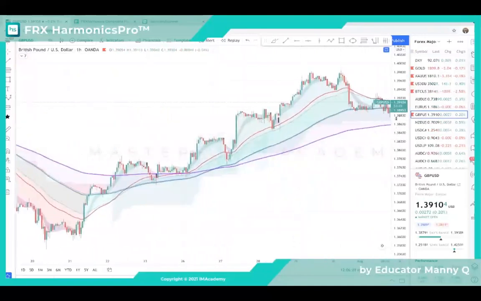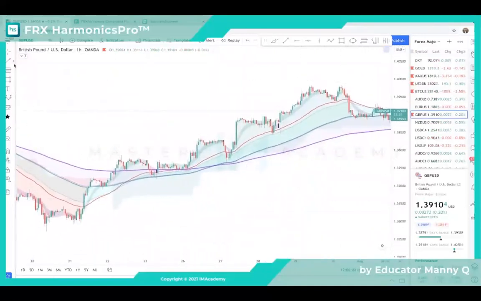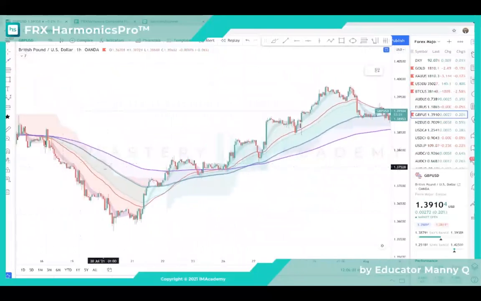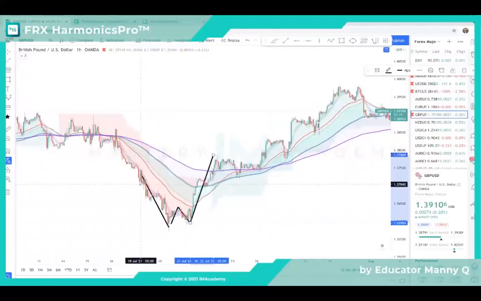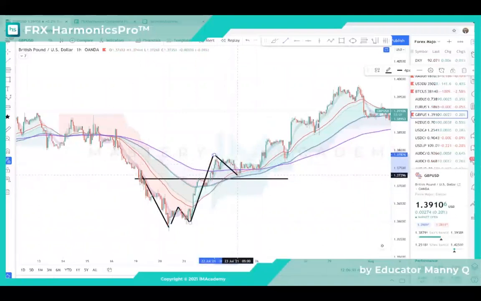So for me, my strategy will tell me, okay, when the market structure reverses, let me give you an example. Once the market structure ends up reversing and it's breaking these previous highs inside of the market, and now we're in an uptrend, I like to wait for the market to pull back.